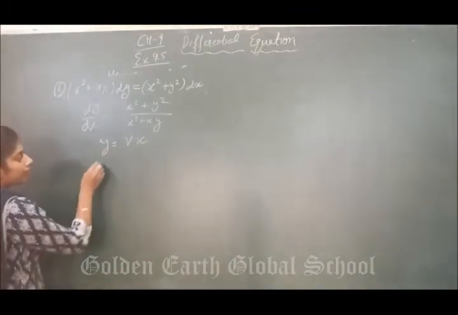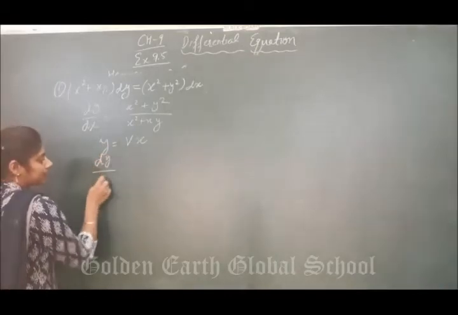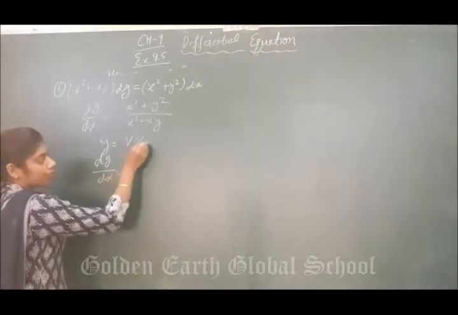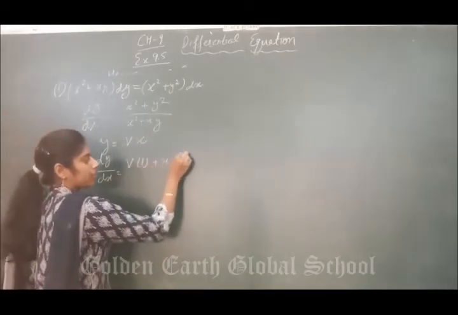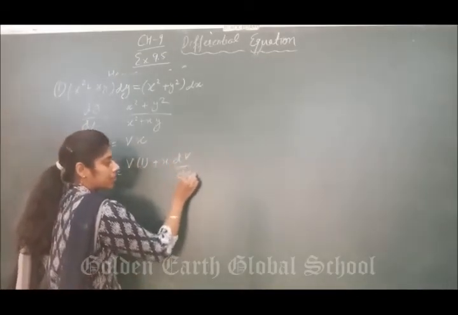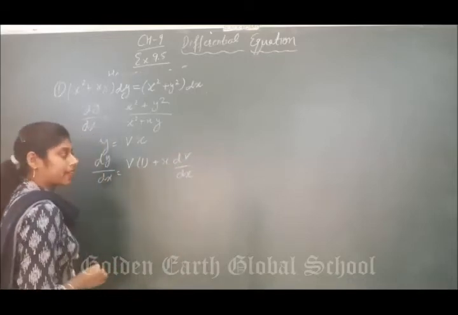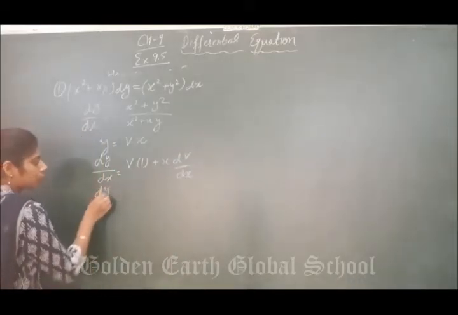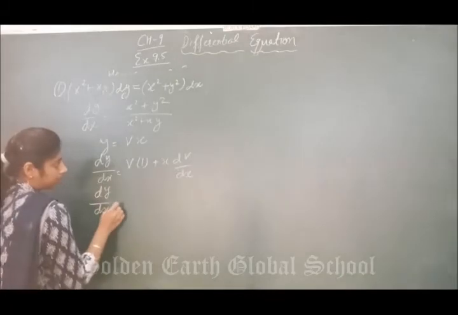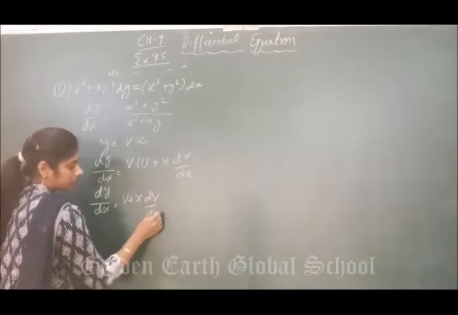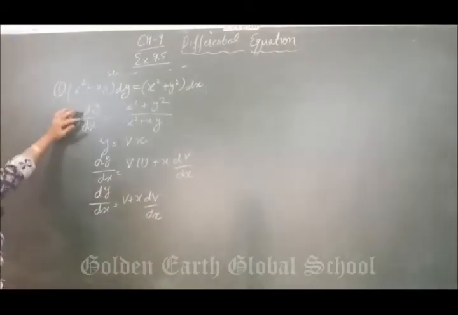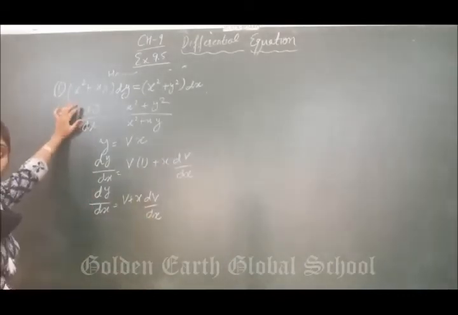So we take the derivative: dy by dx equals the product rule, first function times derivative of second plus second function times derivative of first, because v is a function of x. So dy by dx equals v plus x dv by dx.